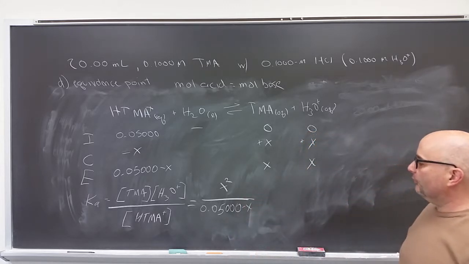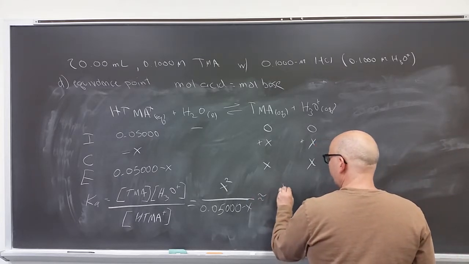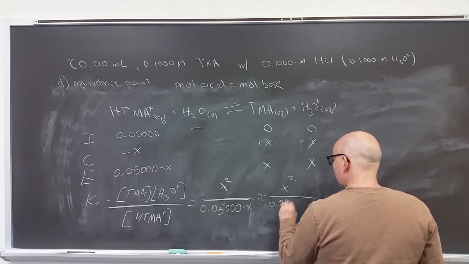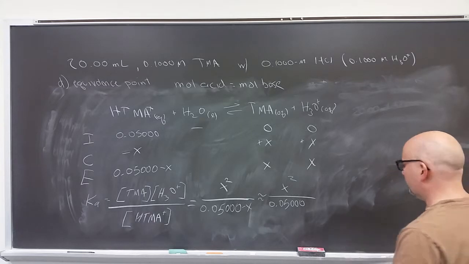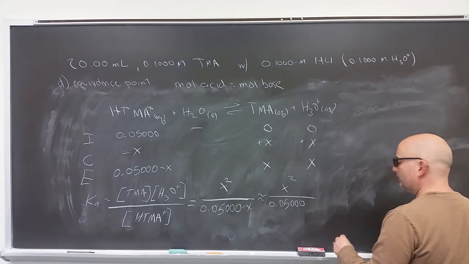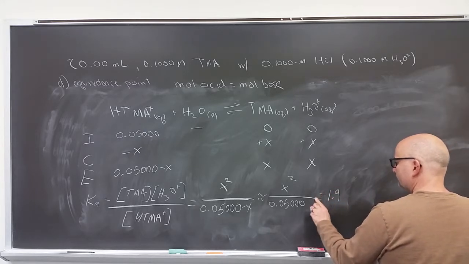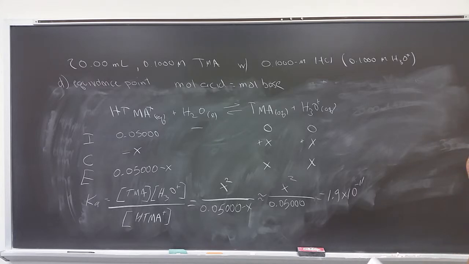Now the Ka for this was pretty small, so we can get by with assuming that this is just x squared over 0.05. And numerically, in a previous problem, we discovered that Ka was 1.9 times 10 to the negative 11.